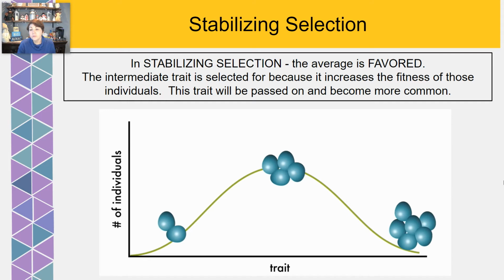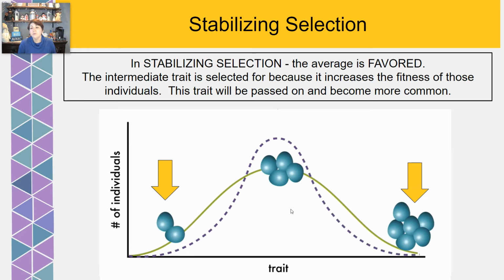And so those individuals will increase while the other ones will decrease. So for instance, in this scenario, if you have too few or too many eggs, the birds have less of a chance of surviving. Whereas if you have an average number of eggs, the birds have a higher chance of surviving. So with stabilizing selection, we'll see a new graph in which the average number goes up.